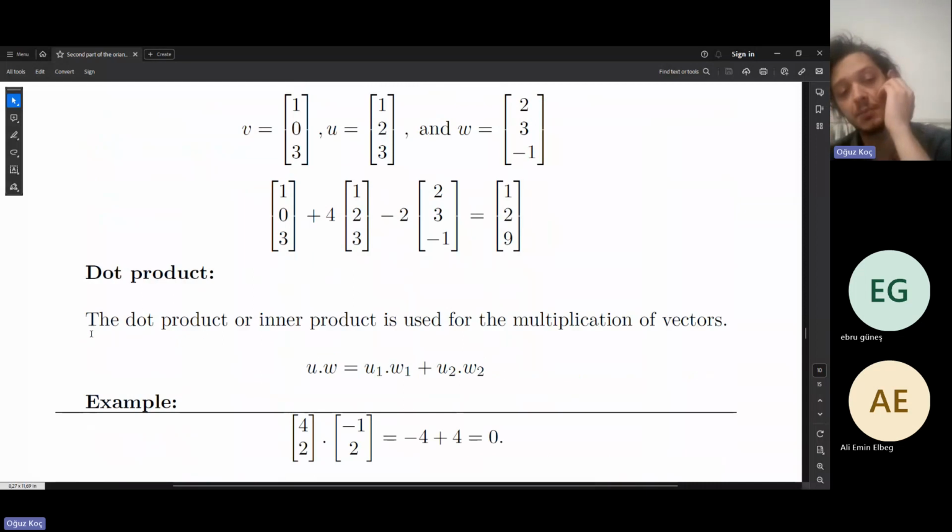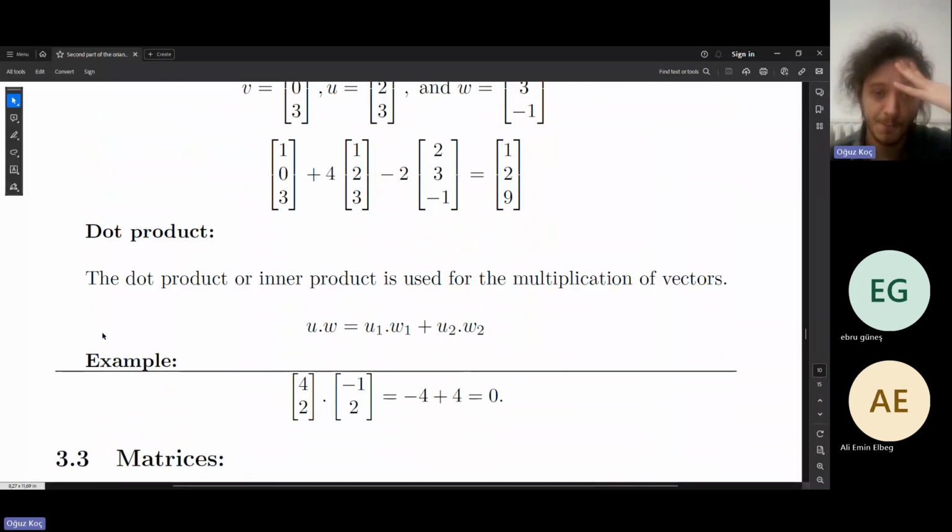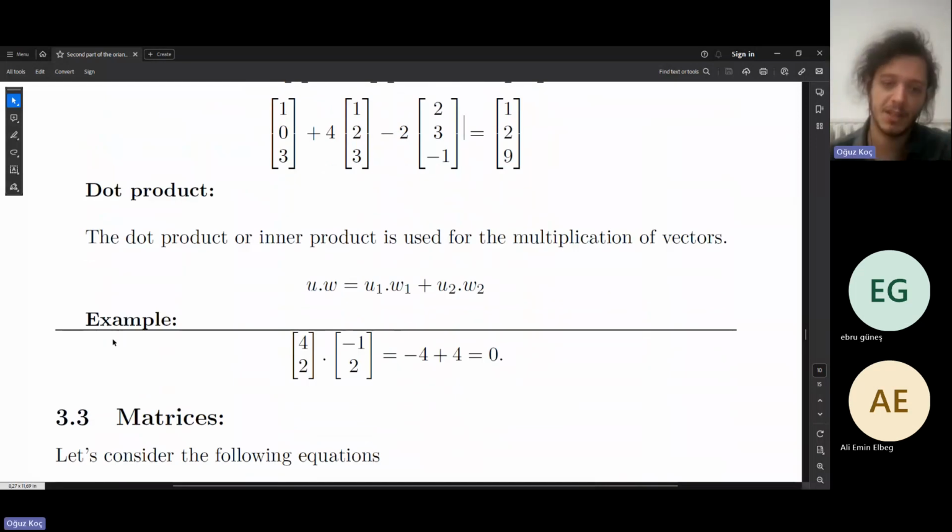And we also have the dot product for multiplying vectors, not with a scalar or a constant. We are multiplying the two vectors here. We call it dot product or inner product.